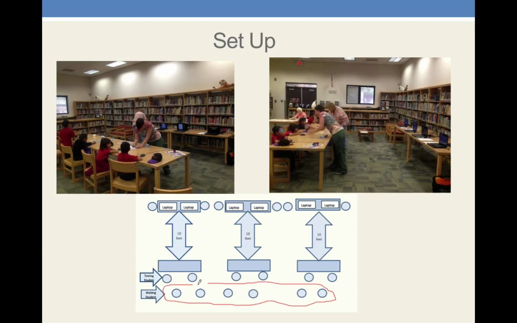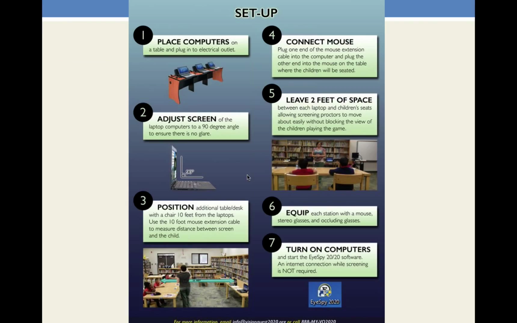And the reason why this group of students is important, and this is not necessarily to scale, is we always recommend that you start with older children first, because the video game is more intuitive, I would say, for them, and then have younger children waiting to play the game. These children will observe what the older children are doing, and you won't have to provide any instruction to the children with regards to how to play EyeSpy 2020. In fact, most kids don't need instruction anyway. They know what to do.